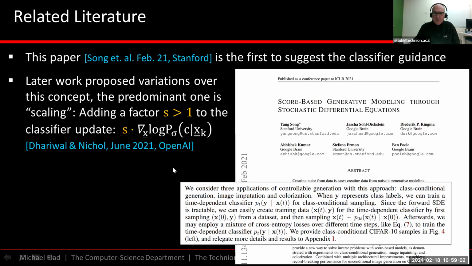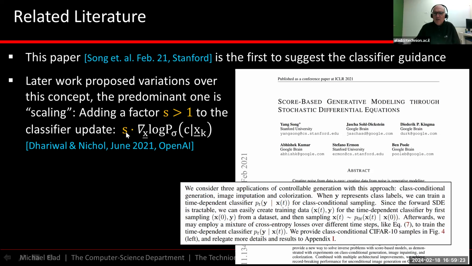Work that followed up took this concept and noticed that it's not working well enough and started to squeeze better results from it by doing the following. They took this expression that we have just described and they multiplied it by a scale S that is bigger than 1, like 3 or 4. It varies from one work to another.